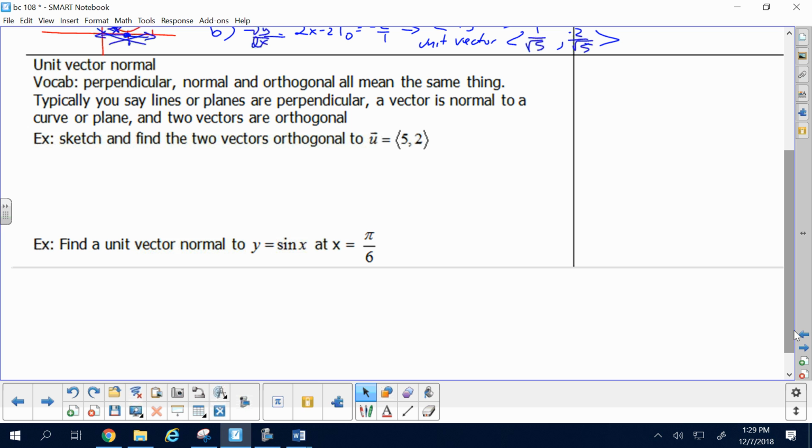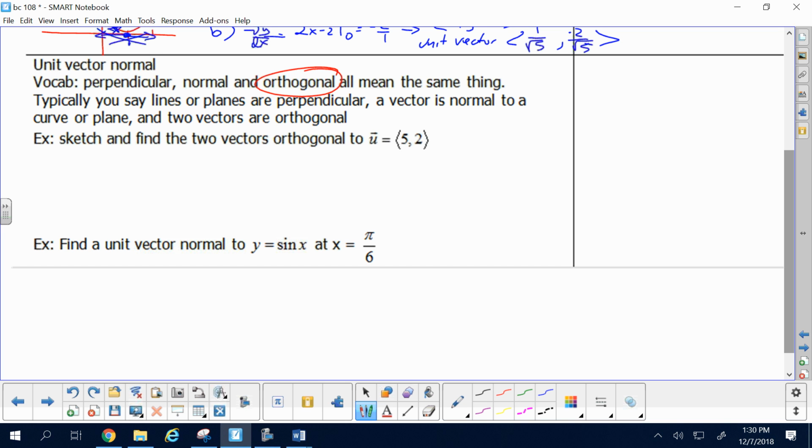If you say vectors, you don't say perpendicular. You say vectors are orthogonal, which is one of my favorite words to say. Orthogonal is the word for perpendicular when you're talking vectors. So when you hear orthogonal, think perpendicular. Right? Okay, Mr. Ricklin, you got it.